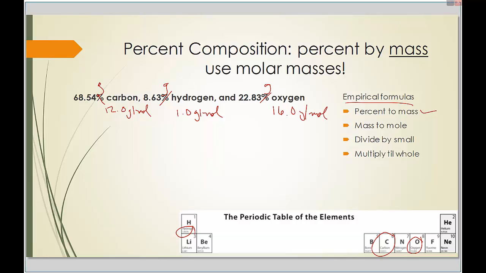So percent to mass, mass to mole, that means we have to divide by the molar mass to get the moles. So 68.54 grams of carbon over 1, 12.0 grams per mole. So I'm going to divide by 12.0, and that comes out to be 5.71.